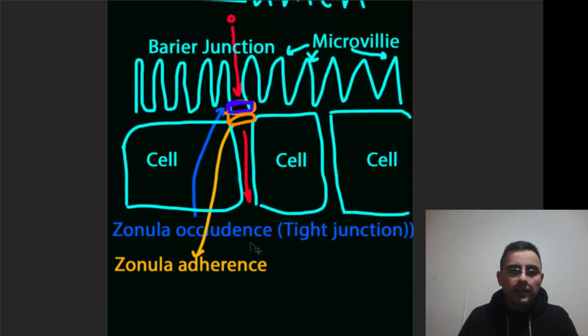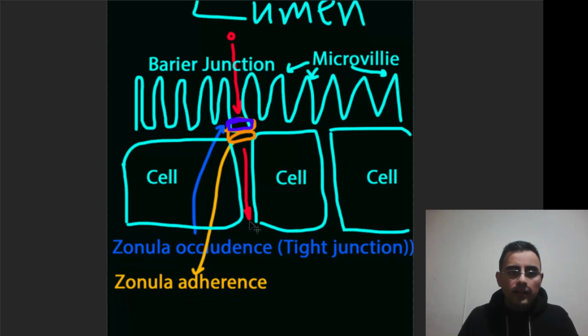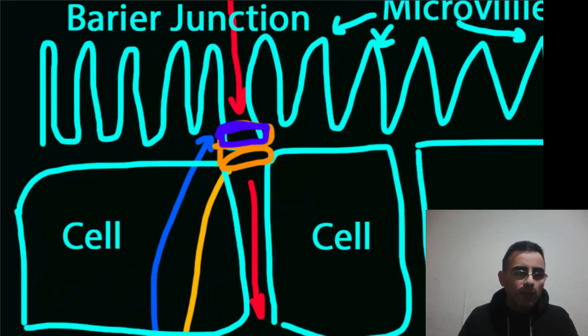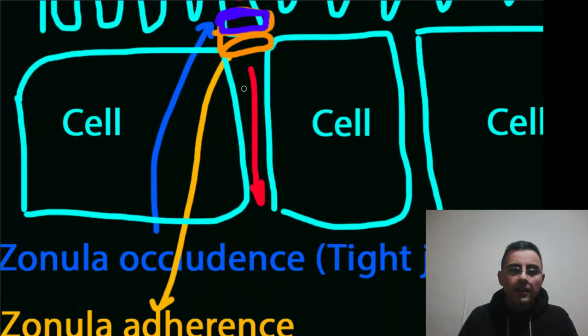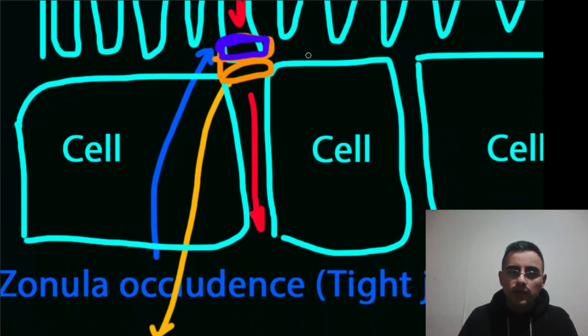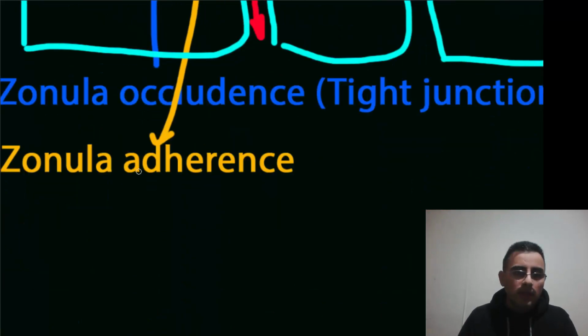Okay, I think it's understandable. And what type of molecules do these junctions consist of? Both of them are microfilaments.